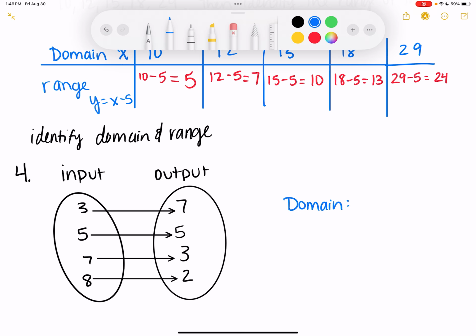The input values. So 3, 5, 7, and 8. My range values are what? 7, 5, 3, and 2. Yep. And you need to actually physically write them out. Some people go up here and they're like, I'm just going to say domain right here and range right here. Like, no, that is not sufficient. You need to actually physically write them out.